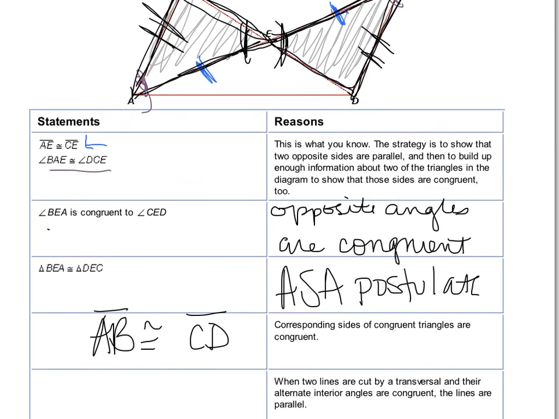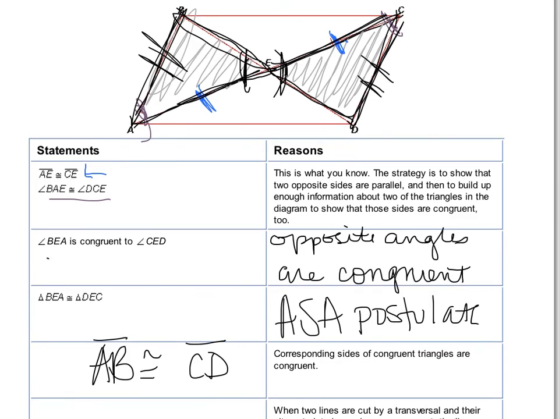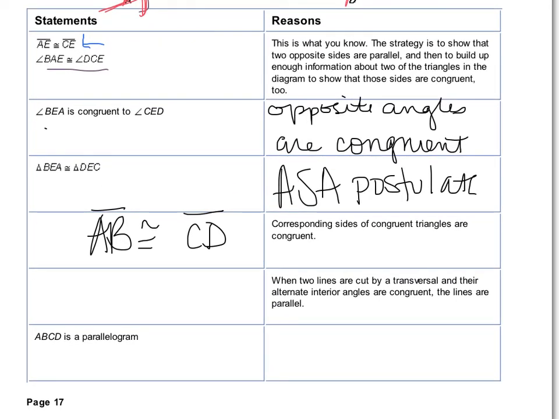Well, what they're telling us here is that these two lines, I'm going to color this in pink, these two lines are cut by a transversal. They're calling this diagonal here a transversal. And we're told that this angle and this angle are the same, then what that means is that those two lines are in fact parallel. So that's what we now know, is we know now that AB is parallel to CD. The symbol for parallel is two vertical lines.